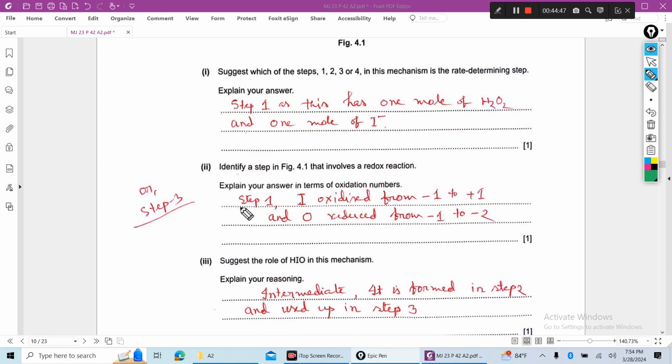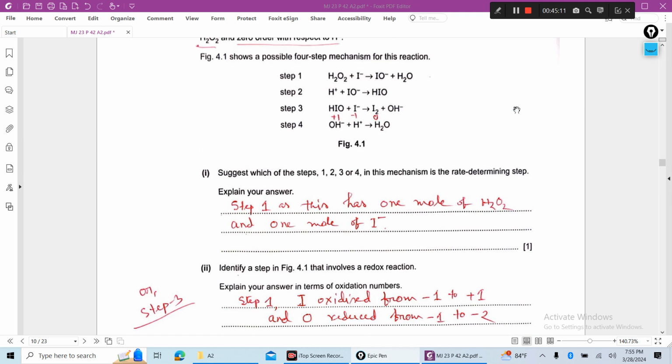And you say step 1, because iodide ion is oxidized from -1 to 0, and oxygen is reduced from -1 to -2. So this is a redox reaction.